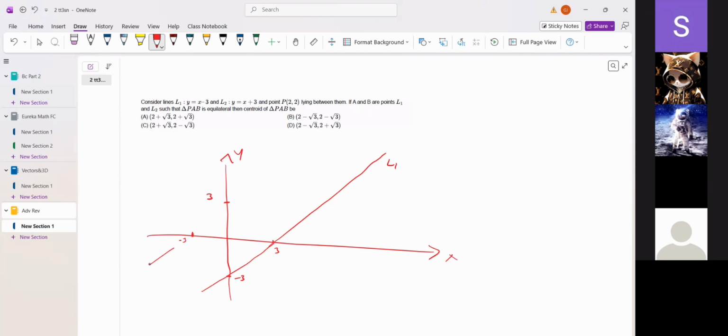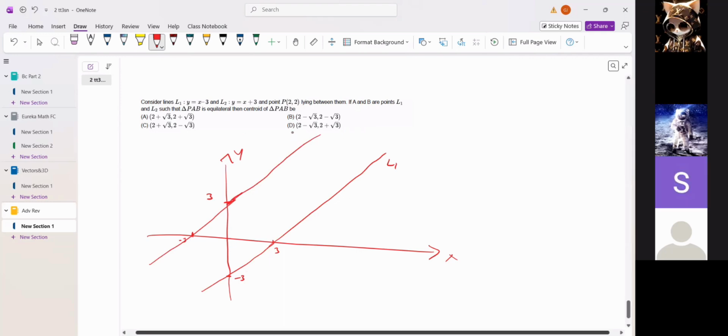So they are parallel lines, because slopes are same. Now the claim is the point 2 comma 2 is in between them. Yes, it is.